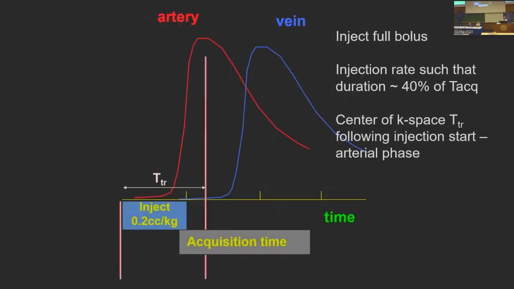Building on that timing information, we can then deliver the full contrast dose and set our acquisition such that the center of k-space is sampled at the peak of the arrival of the contrast in the territory of interest.